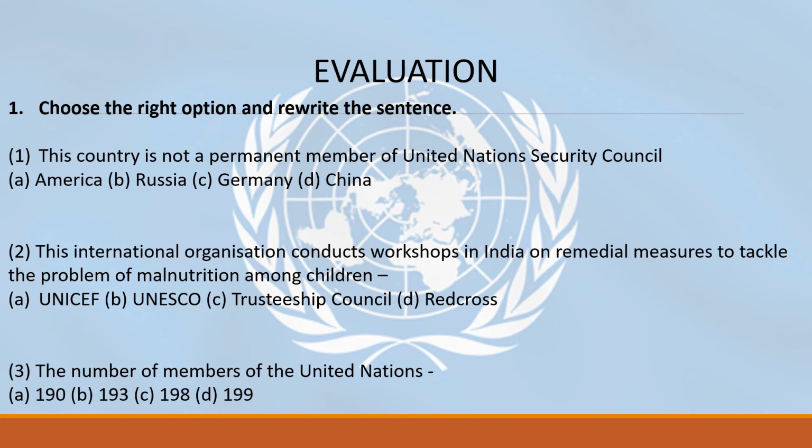Second: this international organization conducts workshops in India on remedial measures to tackle the problem of malnutrition among children. We have studied that UNICEF is the organization which looks at the issues of malnutrition of the child. So the answer is UNICEF.